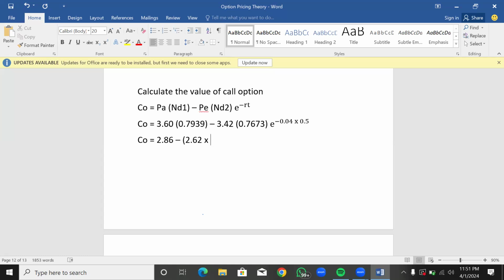What is here? Exponential minus 0.04. I got 0.4825. What do you press? I got 0.480.